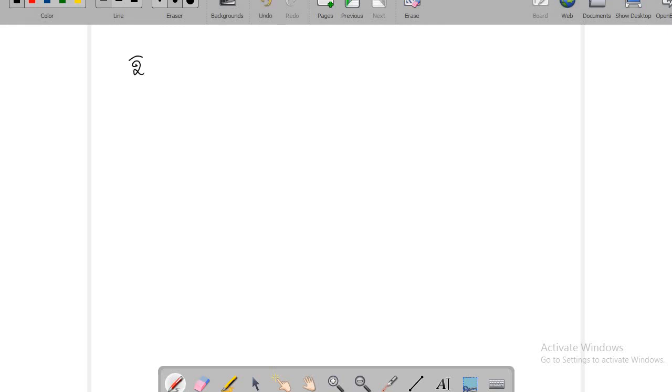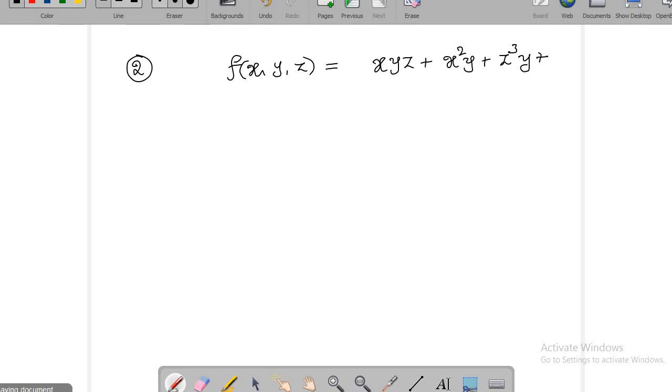So this time I'll go in reverse. I'll start with a scalar function. You may take it as f of xyz or phi of xyz, it doesn't matter. Let me write some random function: xyz plus x square y plus z cube into y plus 2y. So this time I'm starting with a function.